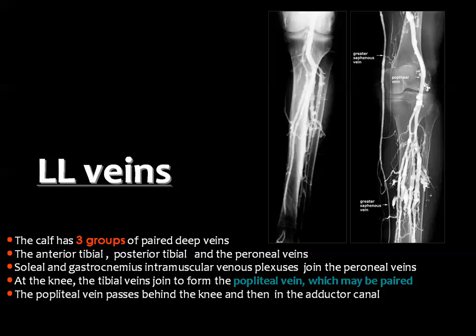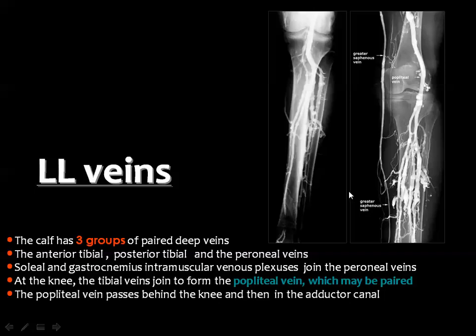And if there are perforators, we can delineate these perforators providing the blood supply or shifting the blood supply from the deep to the superficial venous system. And you know that we have three arteries here: the peroneal, the anterior tibial and posterior tibial.